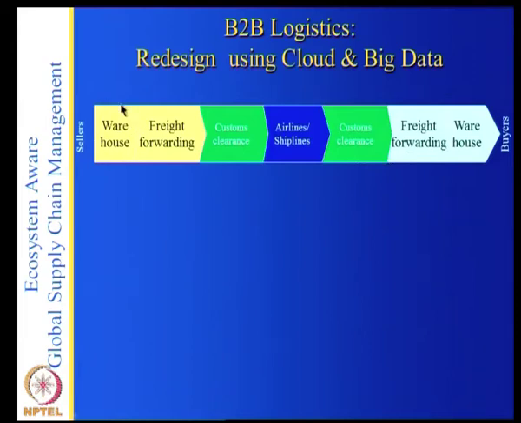You put them in a warehouse, and afterwards they are forwarded from the warehouse for the customs clearance, and they go through either airline shipping, this is the international travel, and there is customs clearance at the other end, the freight forwarding, and then to the warehouse of the buyer. So from warehouse to warehouse, there is a chain of players.